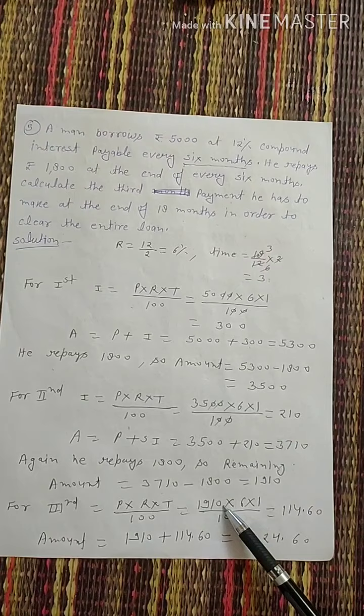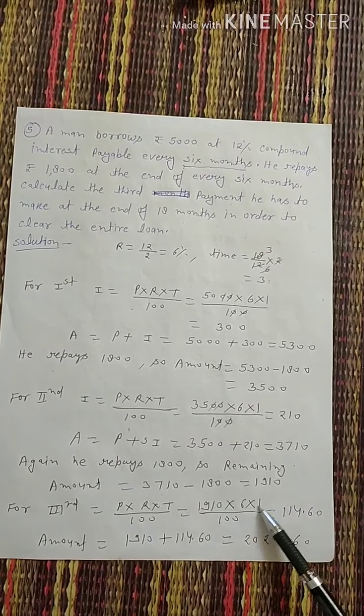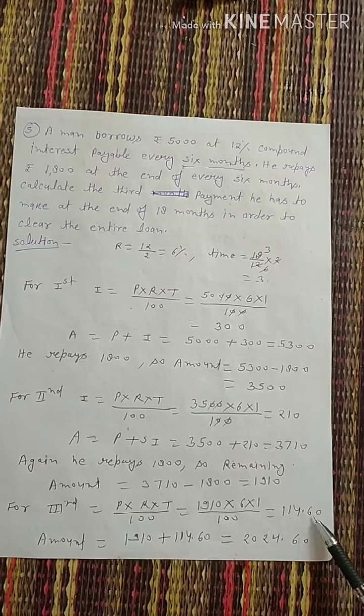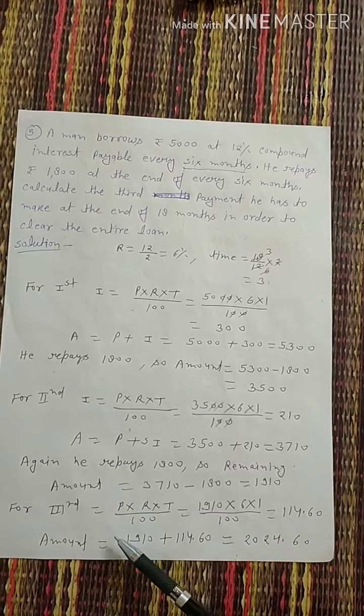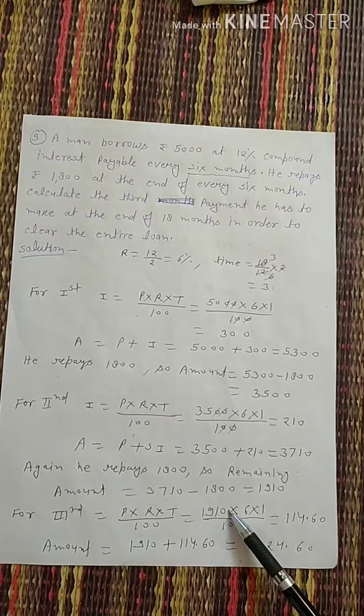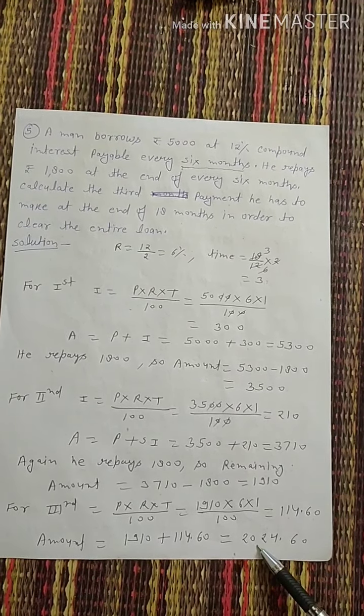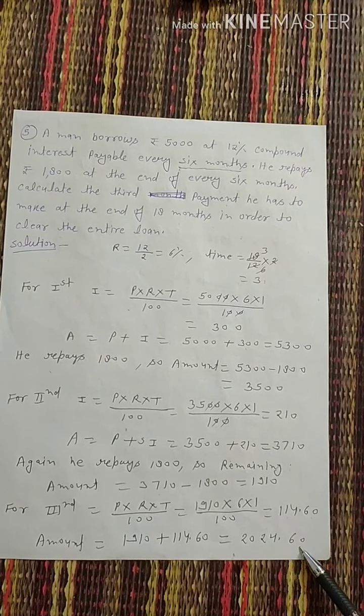For the third period, this amount will be the principal. So 1910 into 6 into 1 upon 100, so we get 114.60. So the amount will become principal 1910 plus interest 114.60 is equal 2024.60.